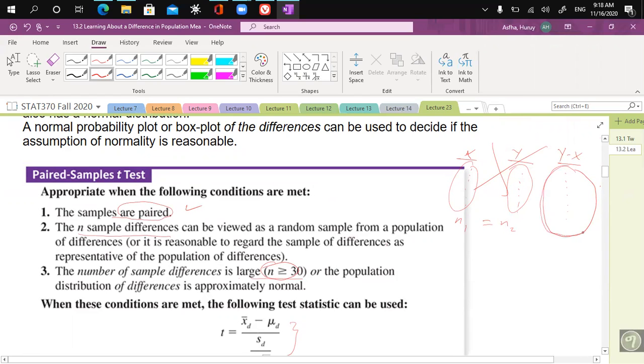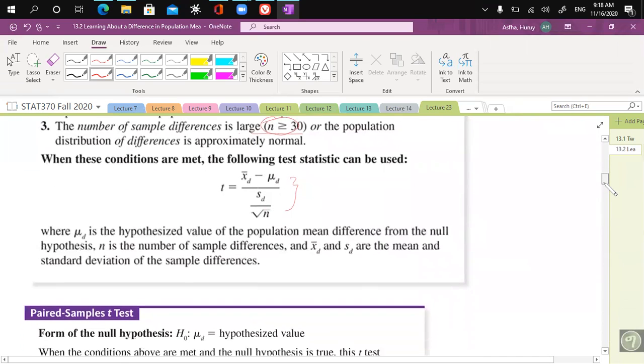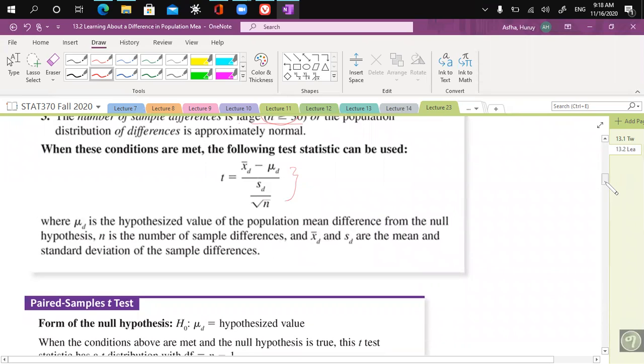So basically we look at the size of the differences, and that has to be greater than or equal to 30 in order to assume it's a large sample. Or we have another option: we can see if it's approximately normal or not. And that's another way to satisfy that condition.